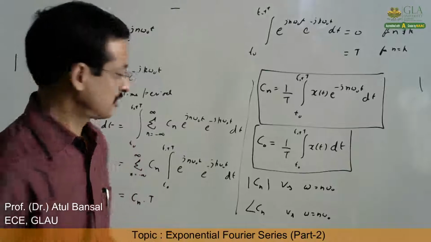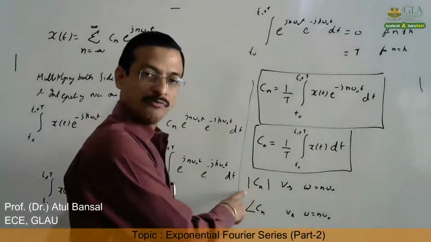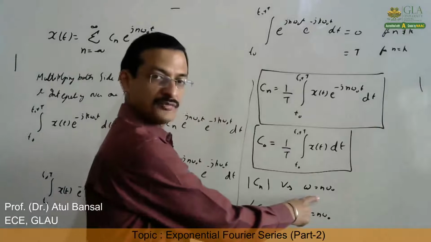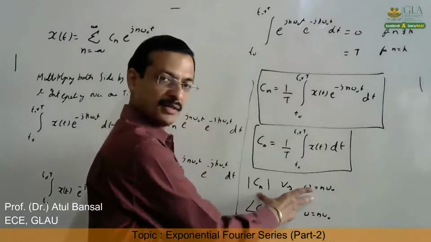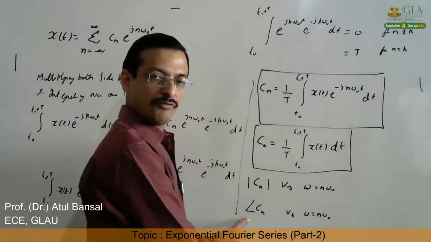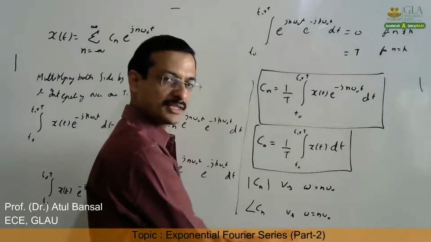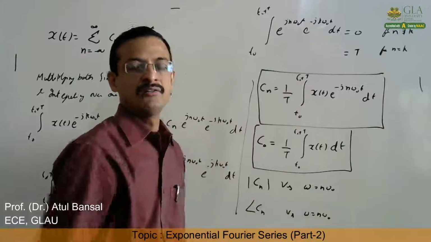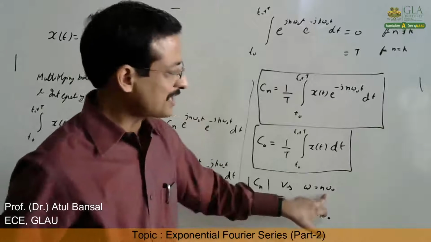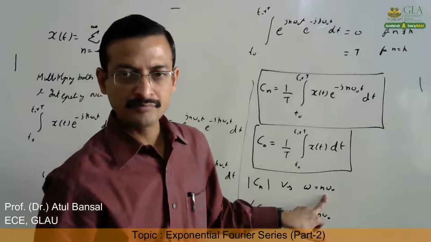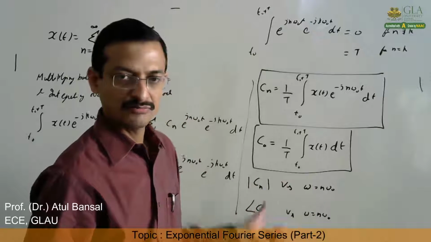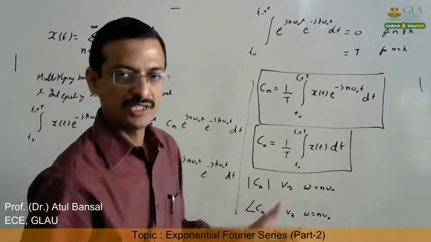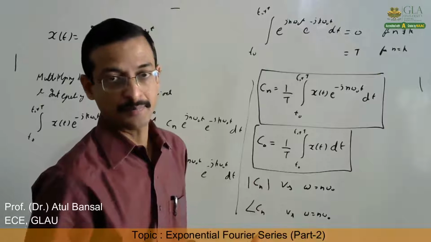It has got two parts. One is the plot of magnitude of Fourier coefficients versus frequency, that is called the magnitude spectrum. The plot of angle of Fourier coefficients versus frequency is called the phase spectrum. Further, because n is a discrete number, whenever we plot the spectrum versus frequency, we get a discrete spectrum.